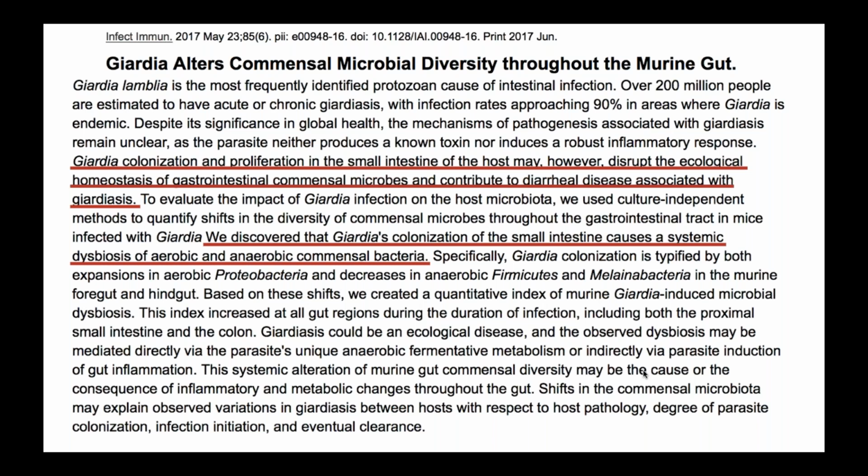A couple other important points: we know that Giardia is primarily an issue in the small intestine, especially the duodenum, so that's its primary site of infection. Of course, in that context, it can affect the digestion and absorption ability of the small intestine.